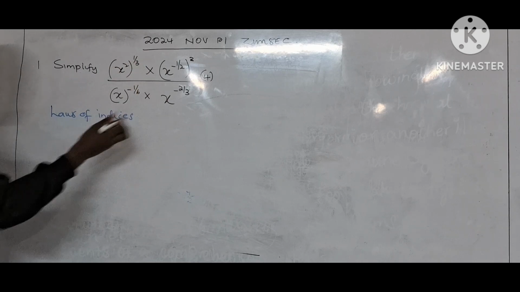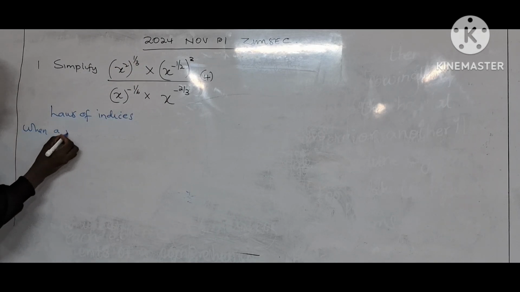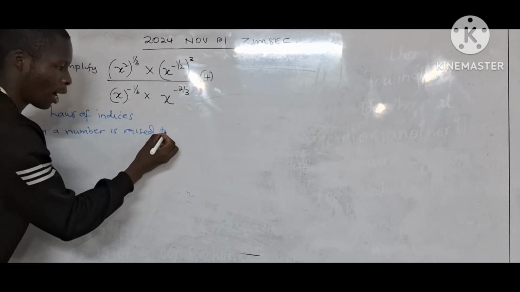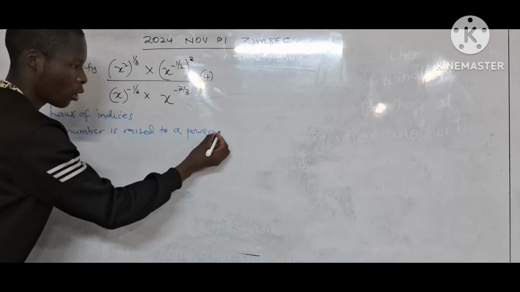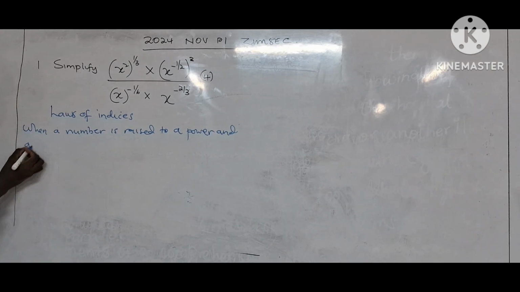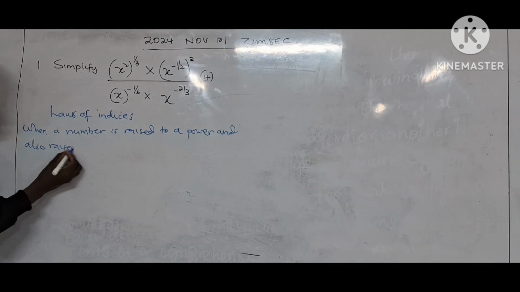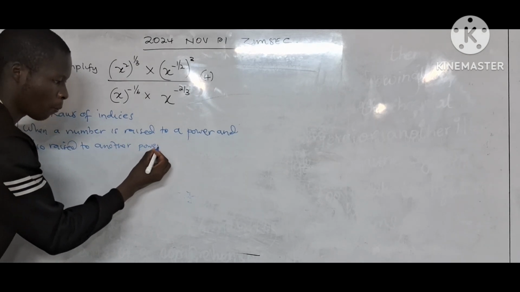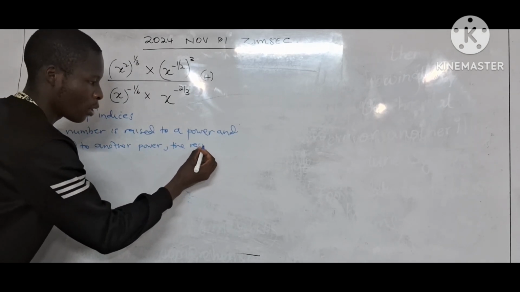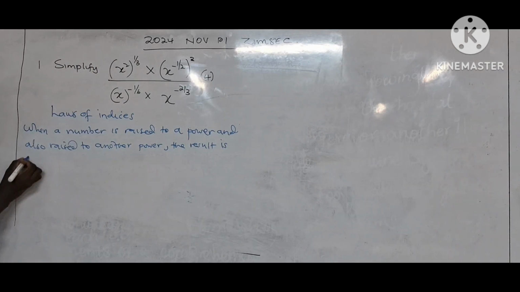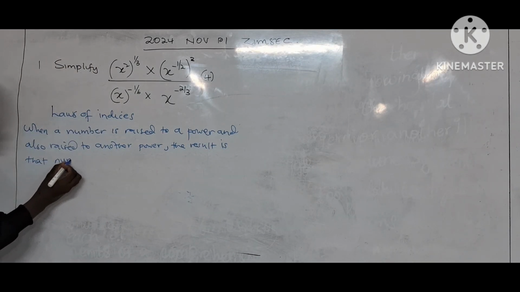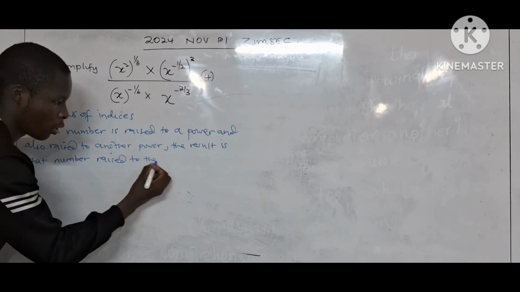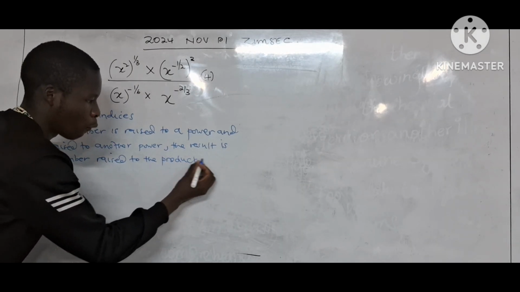We have this law: when a number is raised to a power and also raised to another power, the result is that number raised to the product of the powers.